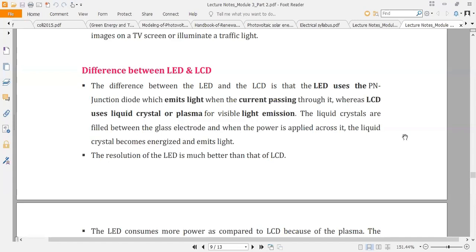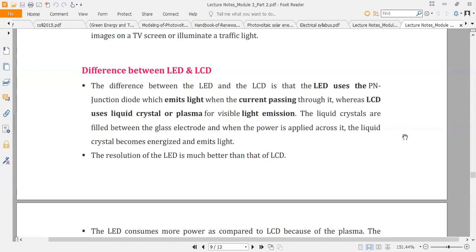Okay. That is also called liquid crystal. Okay. So we are using this liquid crystal, or also called plasma, for light emission purpose. Okay. So that is the basic difference between this LED and LCD.